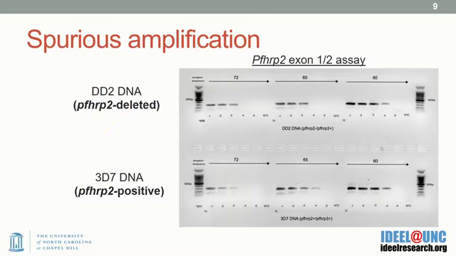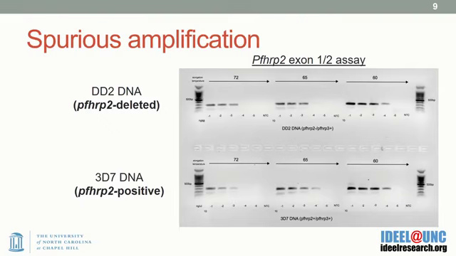Another interesting finding, after we had completed the limits of detection testing and compared the effect of different extension temperatures, we applied these assays to several common lab strains. DD2 DNA, which is a common lab strain that originated from Southeast Asia, is known to have an HRP2 deletion.